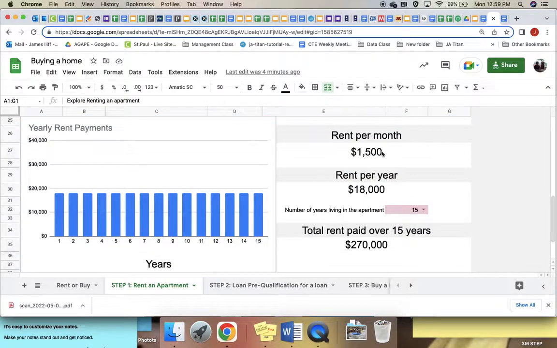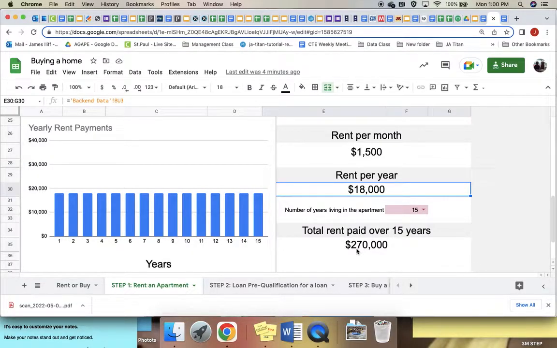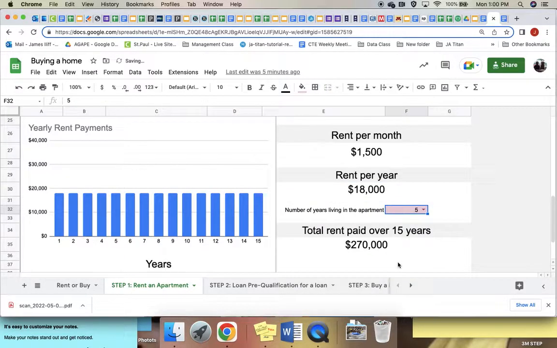The simulator gives them rent per month, rent per year, and then they can calculate how much rent is going to cost over a number of years. So you can see over 15 years, they're going to pay $270,000 in rent. And this is all dynamic, so they can change this and everything will adapt.